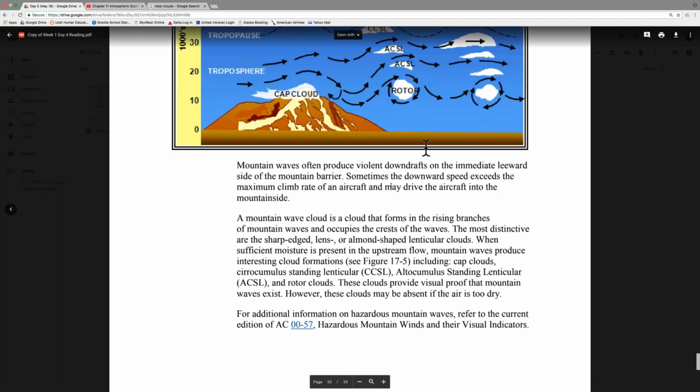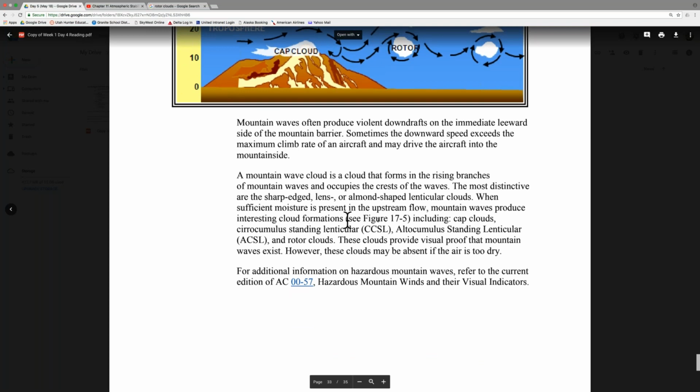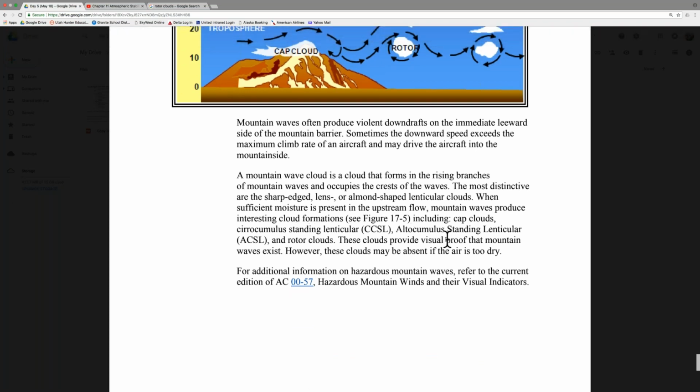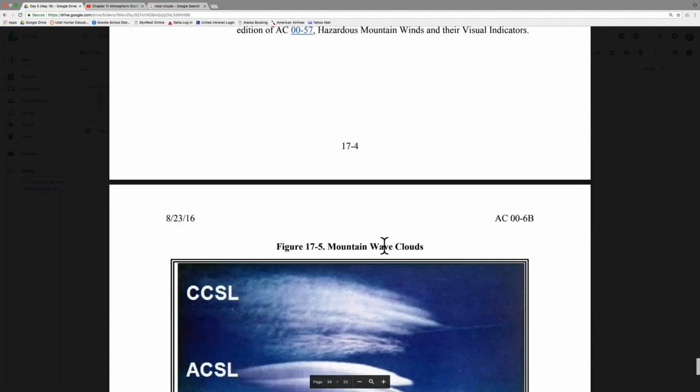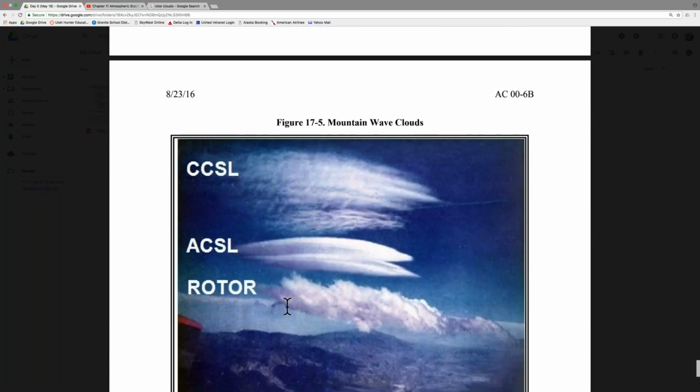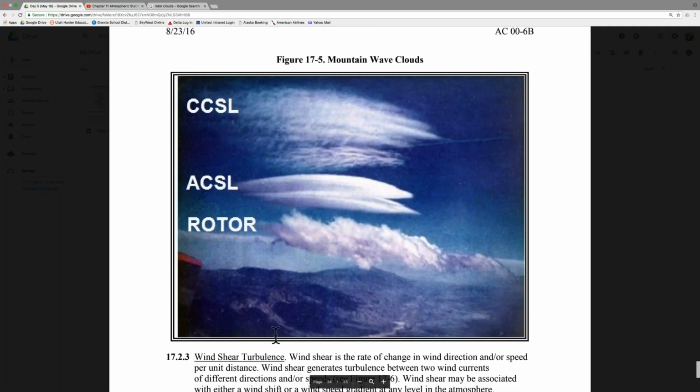So that's the altocumulus standing lenticulars, or the cirrocumulus standing lenticulars. There's your rotor. It's a pretty good picture there.